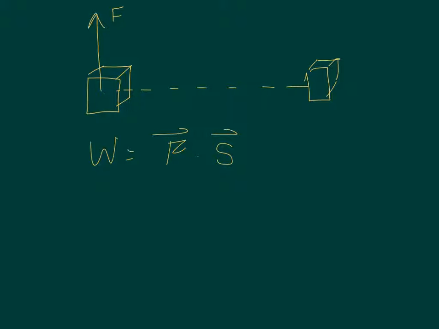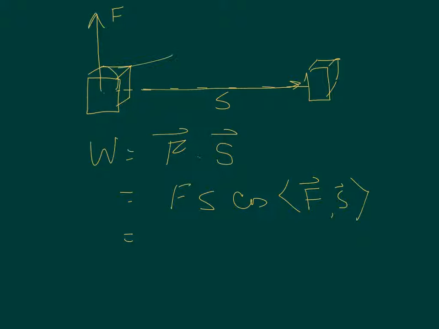What happens if the force is in this direction? Well, it isn't going to move it very far along here, but let's see what the equation looks like. The work is defined as F dotted into the distance. That means the magnitude of the force, times the magnitude of the distance, not including the vector, times the cosine of the angle between the force and the displacement vector here, which would be S. Well, in this case, the angle here is 90 degrees.